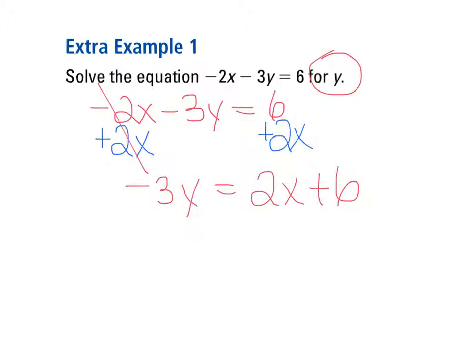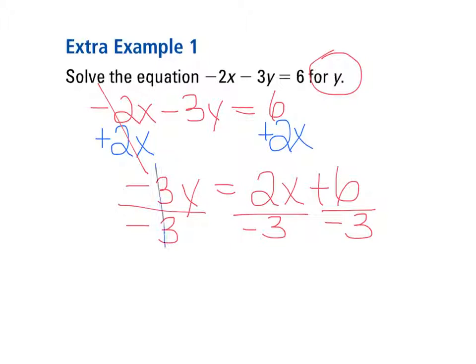Alright, let's keep moving. Since we want y to be by itself, negative 3 is multiplying y. The inverse is to divide by a negative 3. And I have to divide every term in the equation.